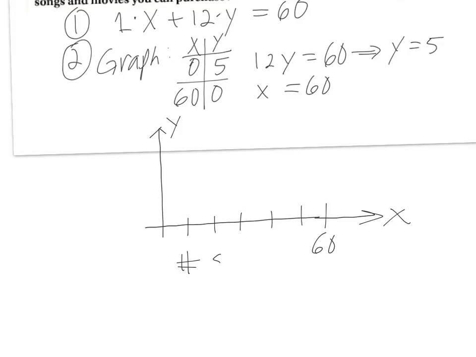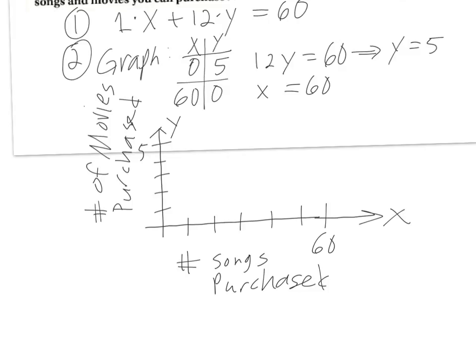Number of songs purchased. It is always good to label an axis with the actual name of what it is, if that's the case. And so the y-axis will be the number of movies purchased, which goes up to 5 possible. So again, 0, 5, put a dot there. 0, 60, we'll put a dot there. And then we will connect the dots using a straight line.